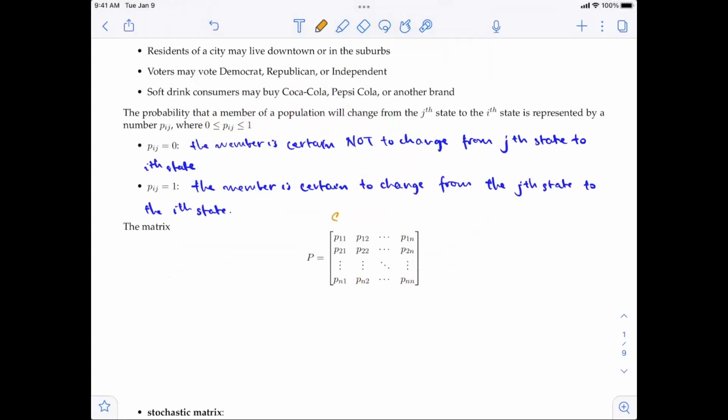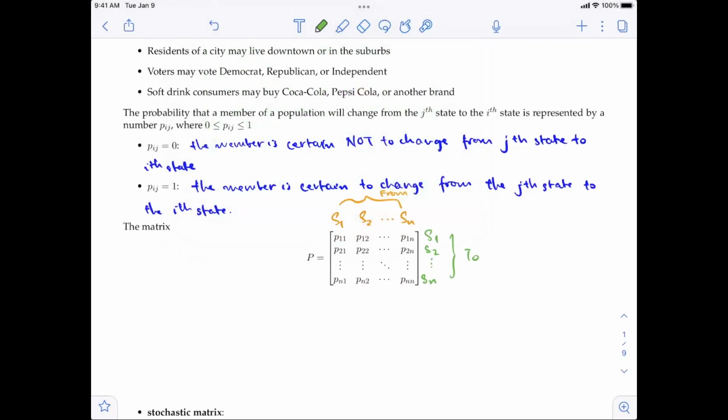So this is state 1, state 2, up to state n, and you say this is from, because you're starting from this particular state, and then you later may switch to another state. And the columns are defined to be state 1, state 2, to state n. This is where you end up after you make the change in the states, okay?